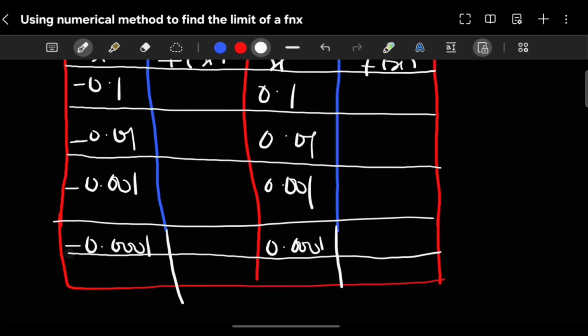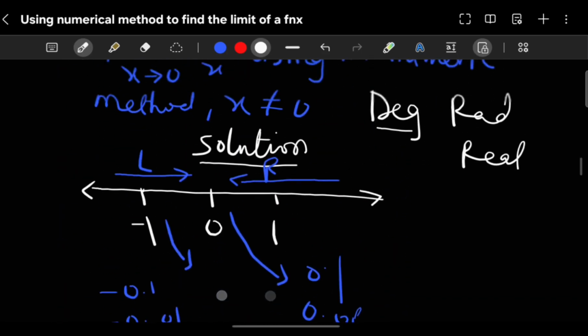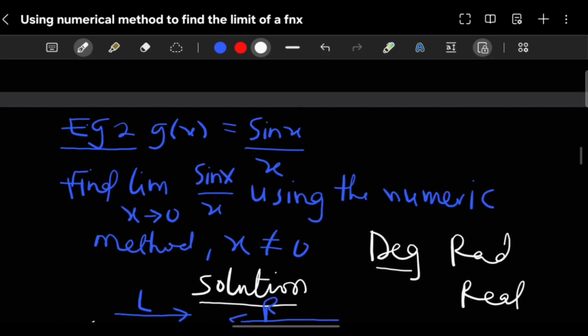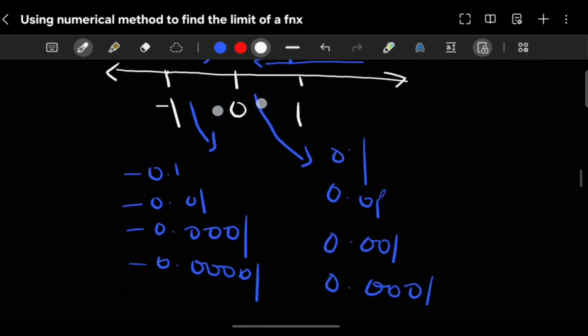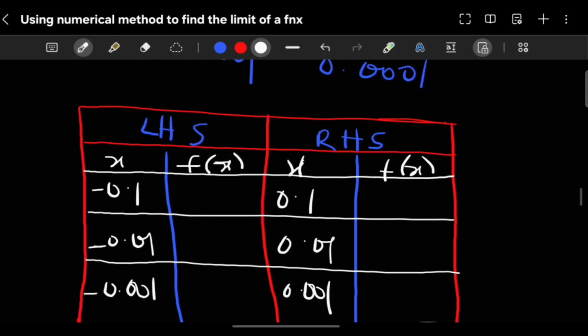Then we check the answers of the functions. How do we check the answers of the functions? On our calculator, we type sine, brackets open, divided by, brackets open. Then all that we are going to put in here are the values of our test values, to get to know f of x.